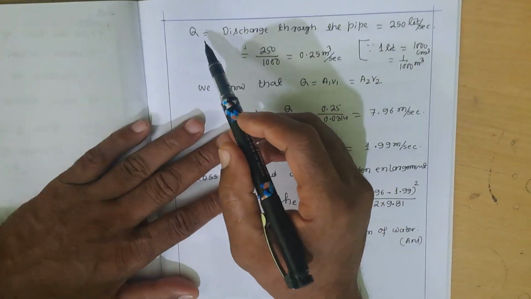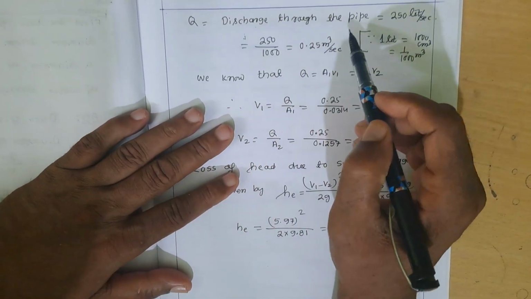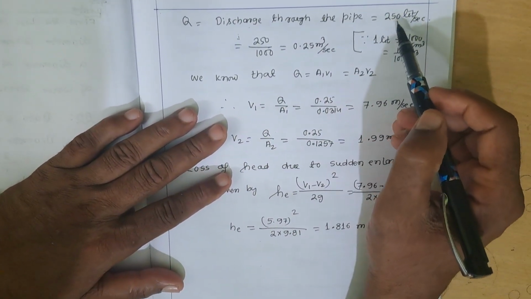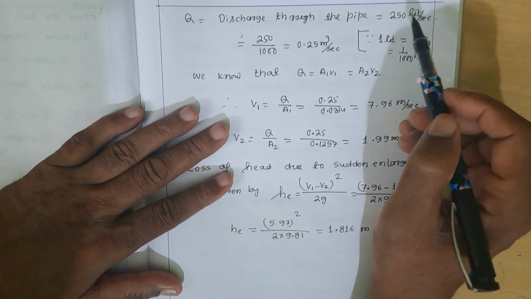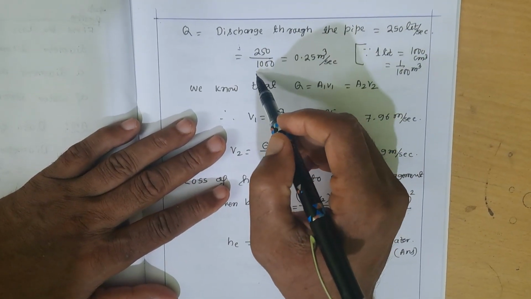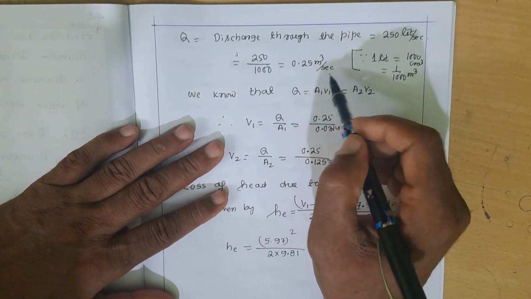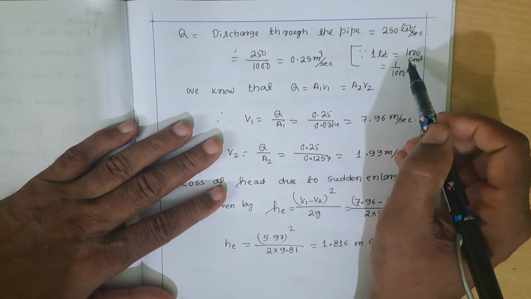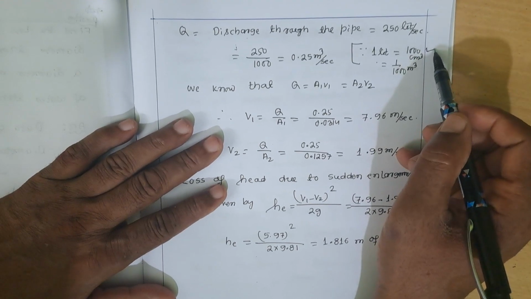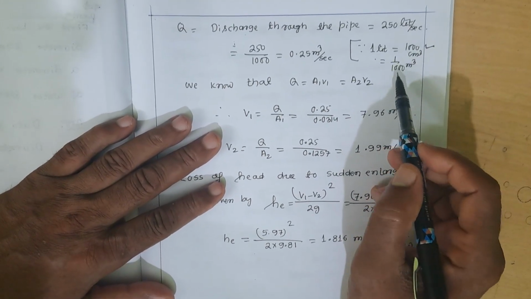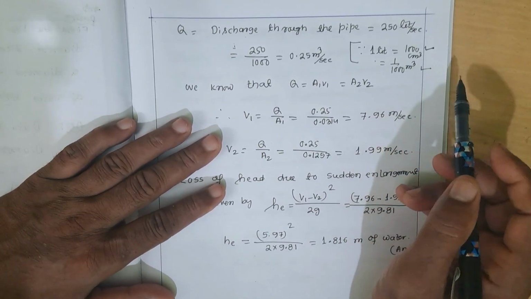Then Q, the discharge through the pipe, is equal to 250 liters per second, is equal to 250 divided by 1000, is equal to 0.25 meter cube per second, because 1 liter is equal to 1000 centimeter cube or 1 by 1000 meter cube.